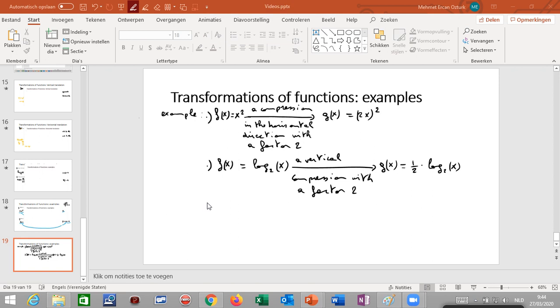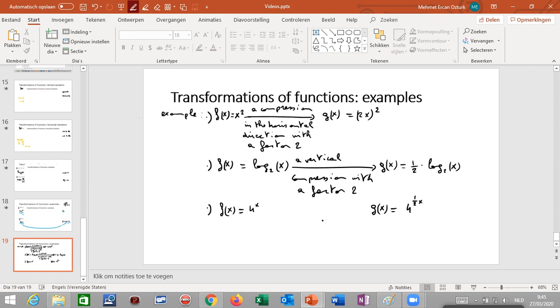Let's take another example. We know how to graph f of x equal to 4 to the power of x. Okay. Let's say we are interested in the graph of the function 4 to the power of 1 over 3 times x.